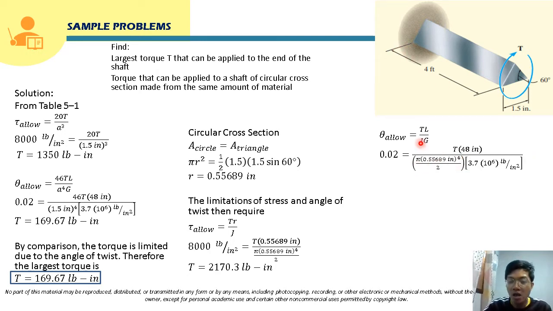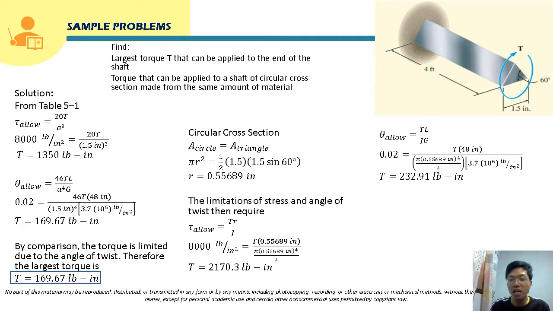Over the polar moment of inertia, class, that is pi times 0.55689 inches to the fourth over 2, times the shear modulus, or modulus of rigidity, that is 3.7 times 10 raised to 6 pounds per inch squared.